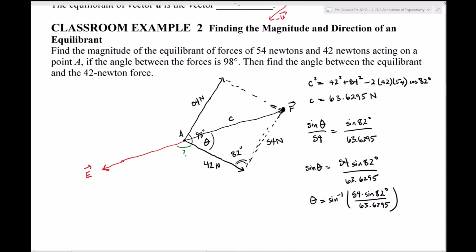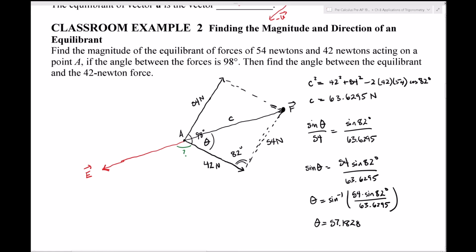Plug that into a calculator. My calculator's in degrees. Inverse sine of 54 times sine 82, in parentheses, divided by 63.6295 inside the outer parentheses. And I'm getting theta equals 57.1828.